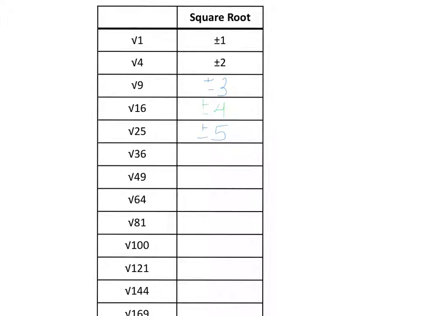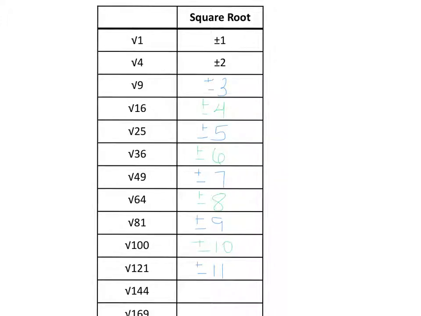Square root of 36 is positive or negative 6. Square root of 49 is positive or negative 7. Square root of 64 is positive or negative 8. Square root of 81 is positive or negative 9. Square root of 100 is positive or negative 10. Square root of 121 is positive or negative 11.